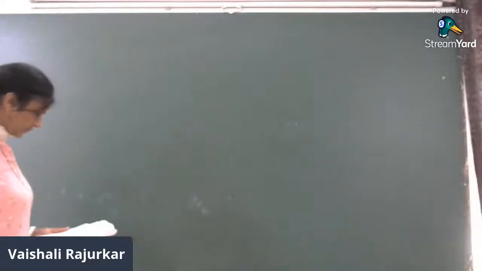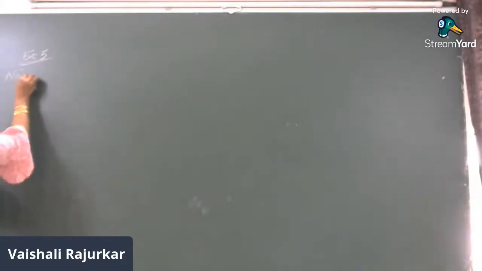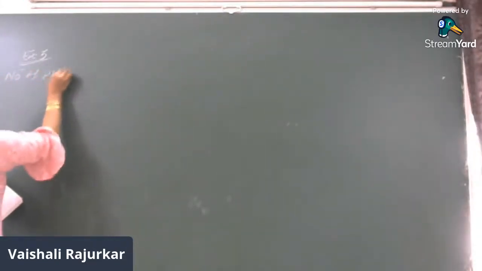Now here, there is a group of 16 pipes. Given data, in example number 3: number of pipes are 16.